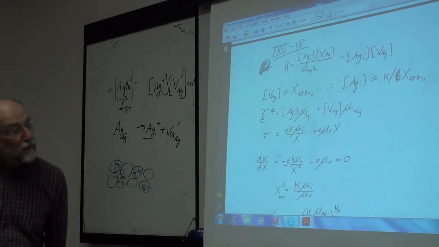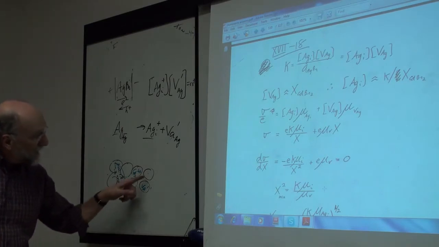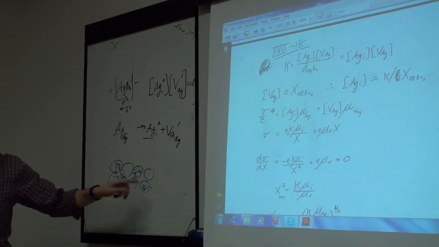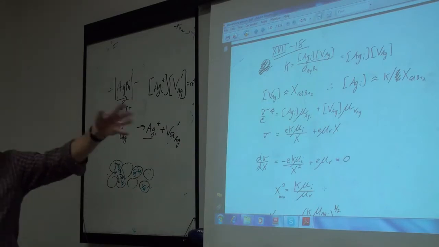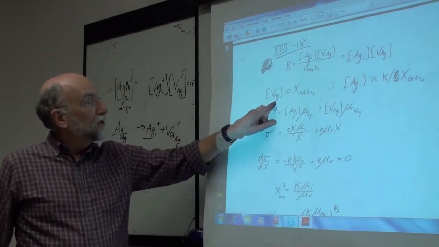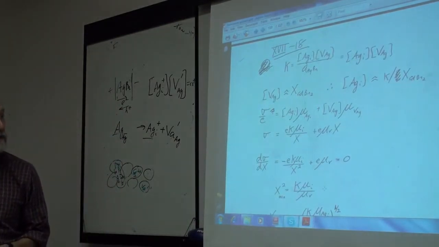When you're adding cadmium bromide, this is a doping. You're doping it with cadmium bromide, and every time you add a cadmium bromide, you're forcing a vacancy to be formed. So this is an extrinsic defect. It's being added. It's not given by thermal activation, it's simply given by the fact that the concentration of vacancies is approximately equal to the concentration of cadmium bromide.